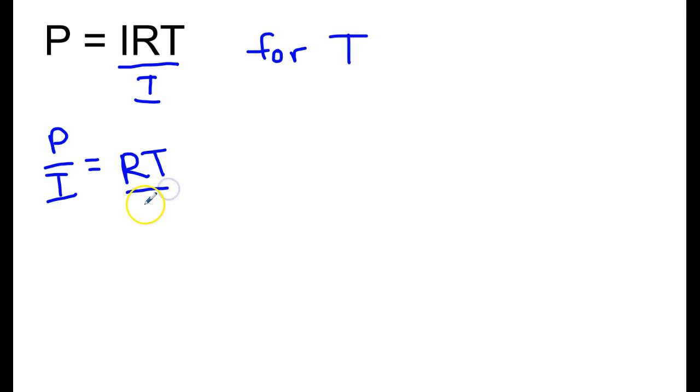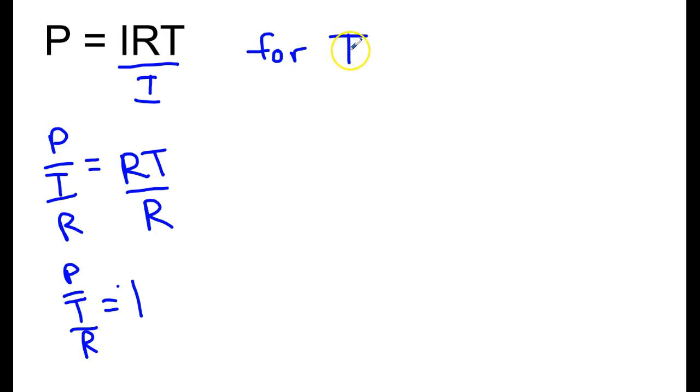Now we would again divide by R to get the T by itself, and we'd get P over I over R equals... wait, that's not what we wanted to do.